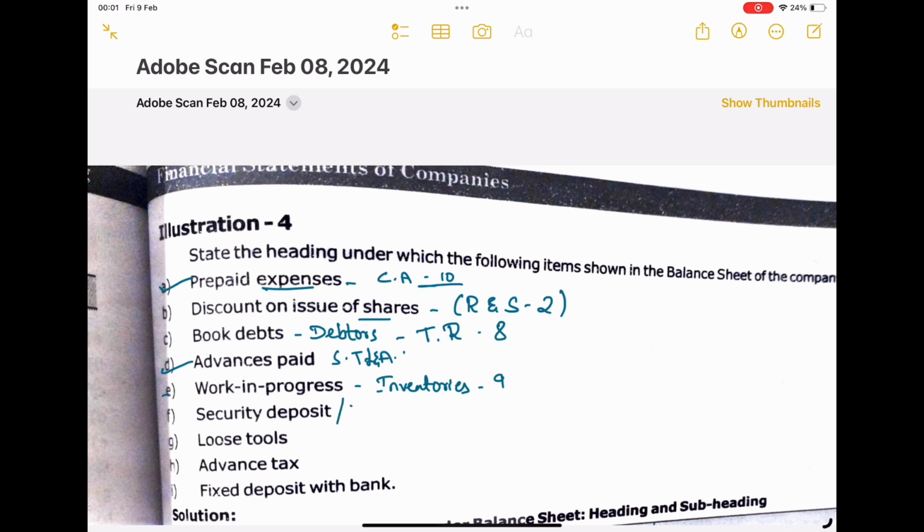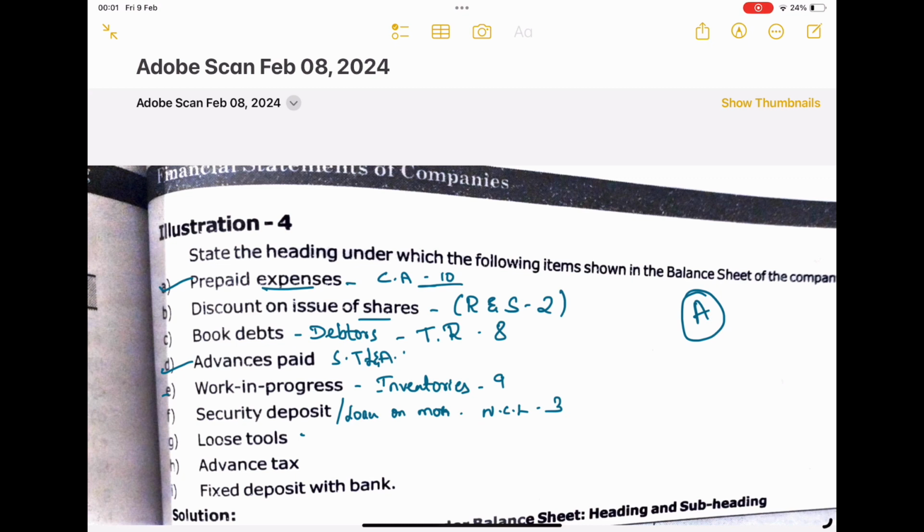Okay, next, security deposit. These security deposits are nothing but another name for loan and mortgage. So it is a non-current liability, note 3. Loose tools. Loose tools are nothing but an asset.